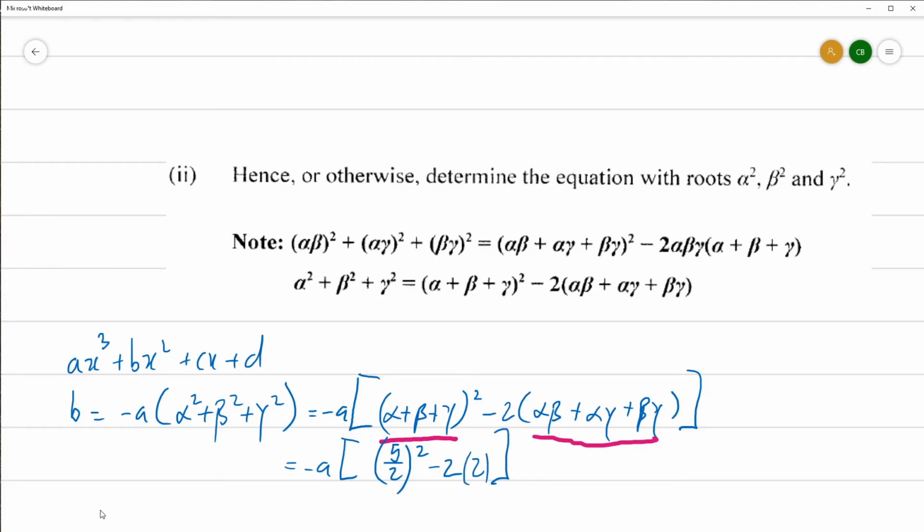So let's just simplify this. So we have minus a, 25 over 4 minus 4. So 25 over 4 minus 4, 4 is 16 on 4. That should be 9 on 4.